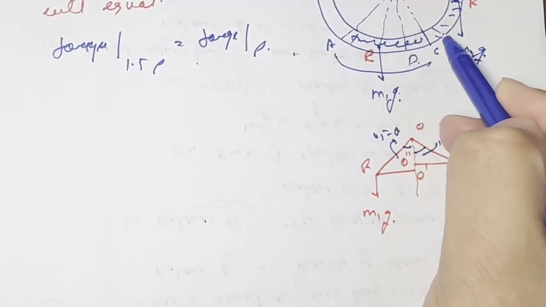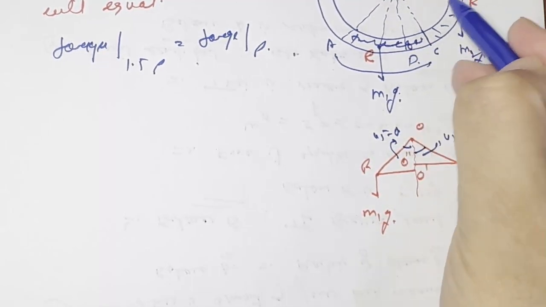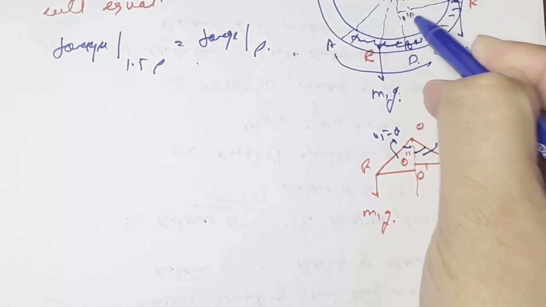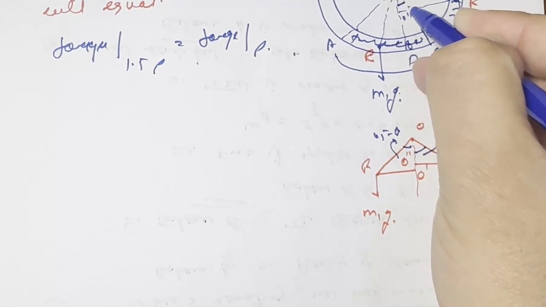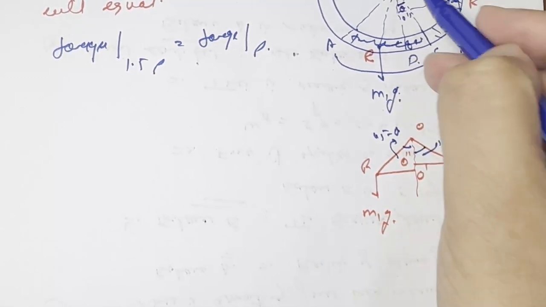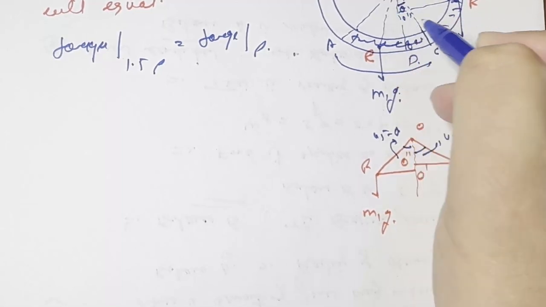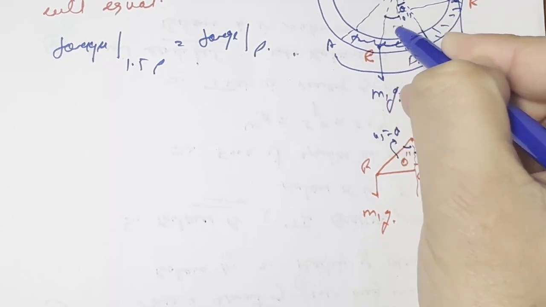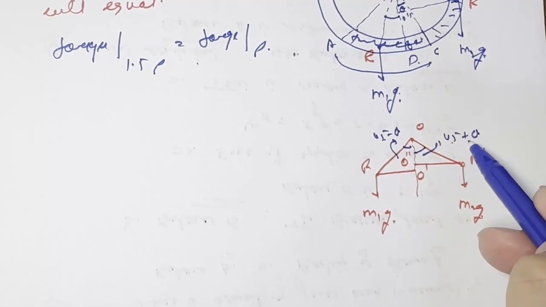If we join this to a vertical line, we call this O prime and this O double prime. We know this angle is theta, so the entire angle is 90 degrees. So center of mass, this will be giving us 45 minus theta, and the other part will be giving us 45 plus theta.